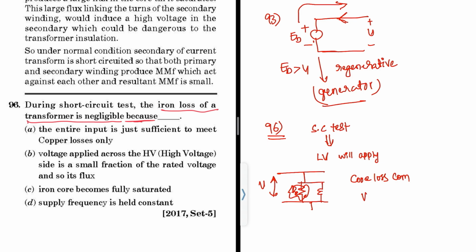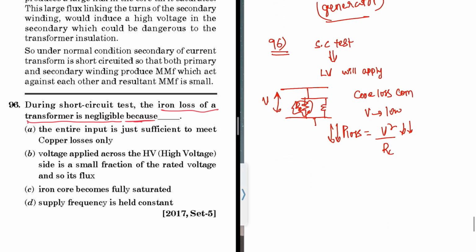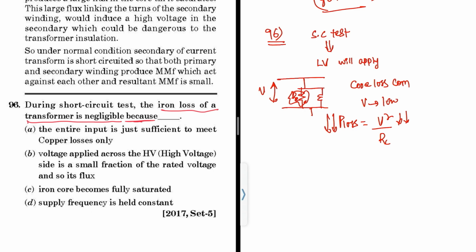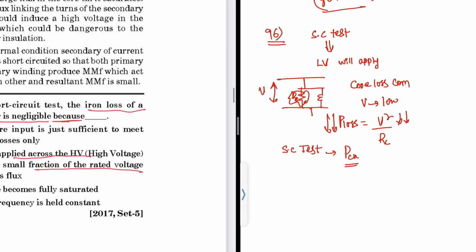So when we apply the low voltage, the power loss equals V squared by RC, so when this voltage is very small, the power loss is also very small. Because of this reason, we ignore the core losses, I mean iron losses. In the short circuit test, what we calculate is the copper losses. So the answer will be: voltage applied across the high voltage side is a small fraction of the rated voltage.